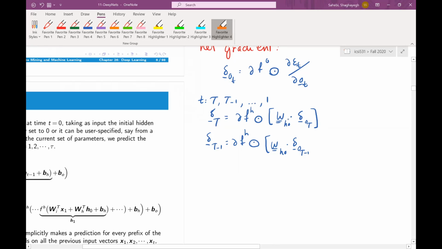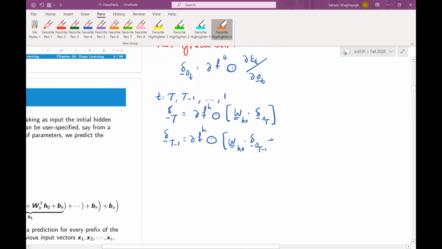This is similar to the net gradient for tau, but also something is coming to this node through the net gradient of the next layer also, right?